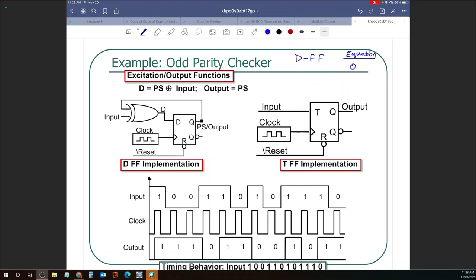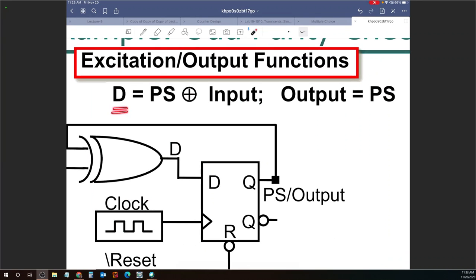Q plus equals D. In words, it means whatever you want your next state to be, just provide it as the input D. So you see what I did here? I said D equals present state exclusive OR W.